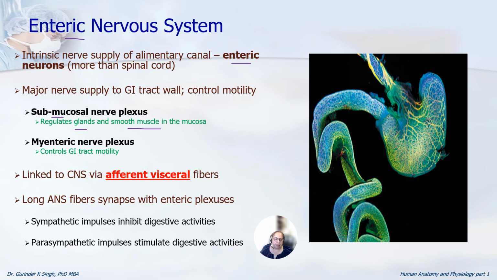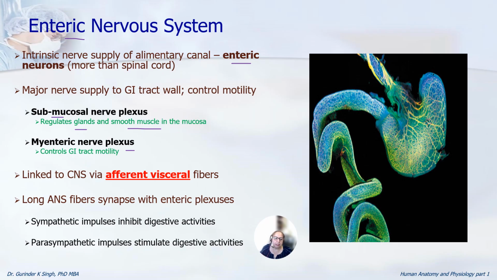The second plexus which we had seen is the myenteric nerve plexus, which was present between the two layers of the muscles in the muscularis externa. So these enteric neurons form plexuses, so there will be some ganglia.